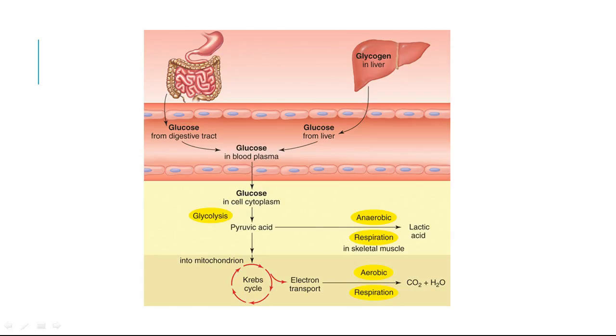An electron acceptor. So if you look at your Krebs cycle, if you look at all the inputs, you will never see atmospheric oxygen entering the pathway. So the Krebs cycle is anaerobic. The only aerobic pathway that we're going to study is the electron transport chain.